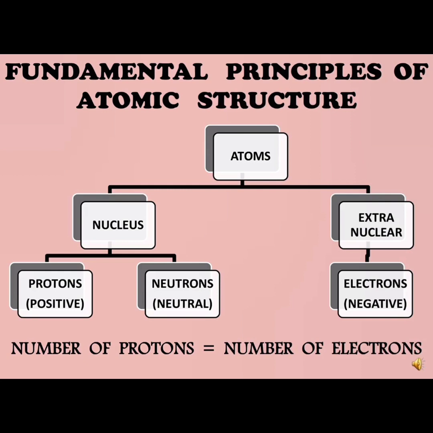And in the extranuclear part, means outside the nucleus, you have electrons which are present, and the electrons are having a negative charge. And we also know that the number of protons is equal to the number of electrons in an atom.